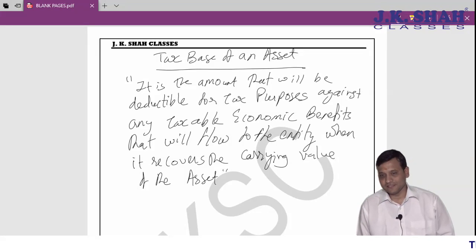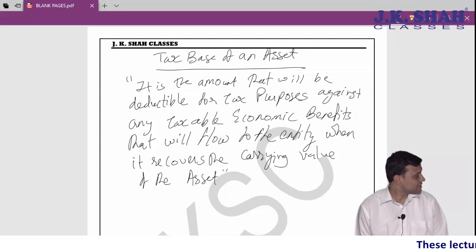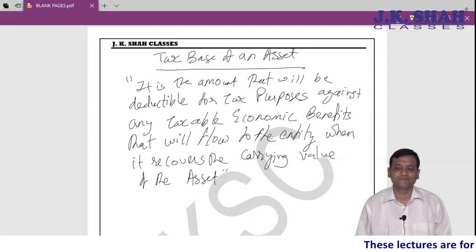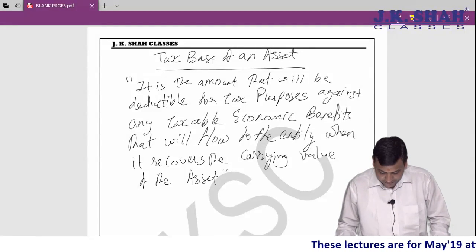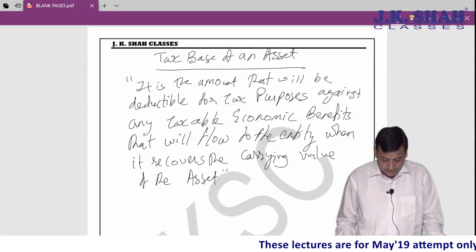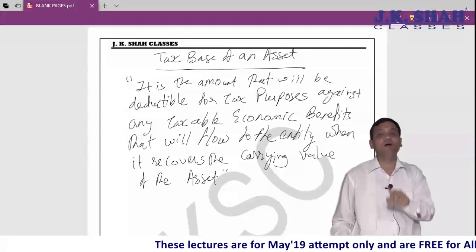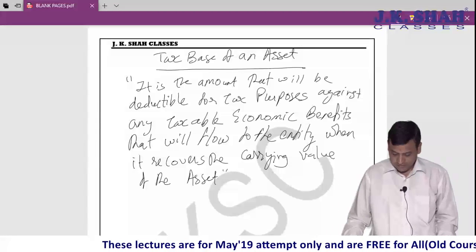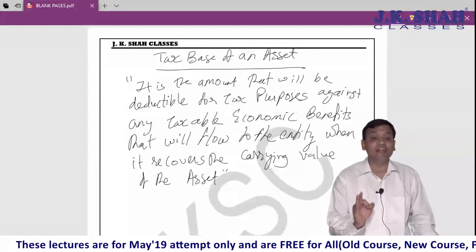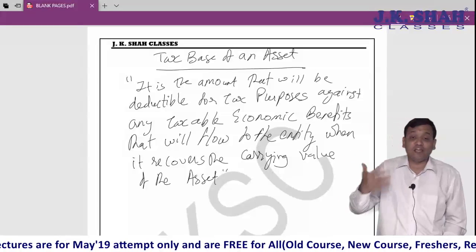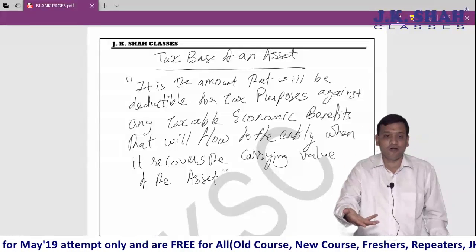I spoke on this earlier, but I am just writing if you read properly here. What do you mean by tax base of an asset? Can I say it is the amount that will be deductible for tax purposes against any tax benefits? Now this taxable economic benefits will come because of what?